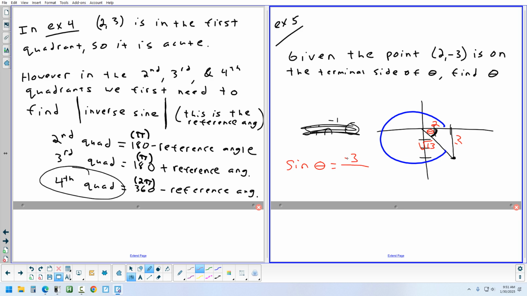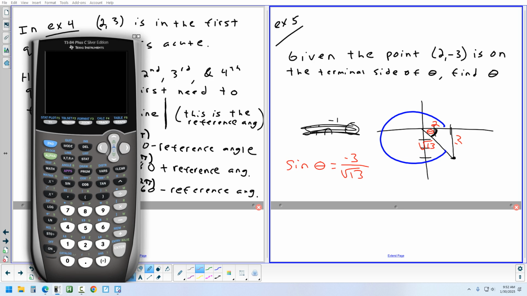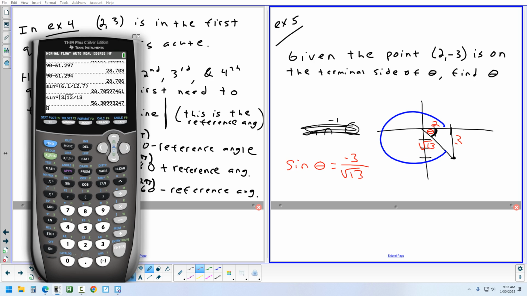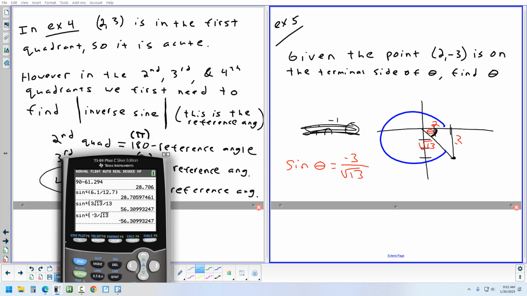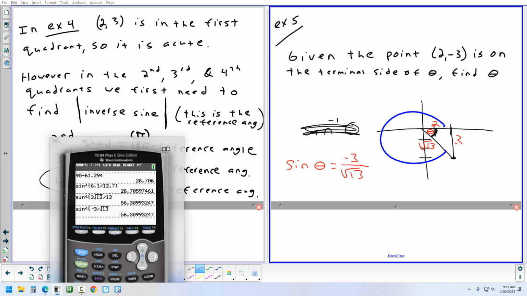Technically it is a negative 3, but the absolute value is going to take care of that. So opposite over hypotenuse. We're going to type that in on the calculator. Inverse sine of negative 3 divided by square root of 13. It's the same angle we had before, 56. Remember, make it positive because it's a reference angle.